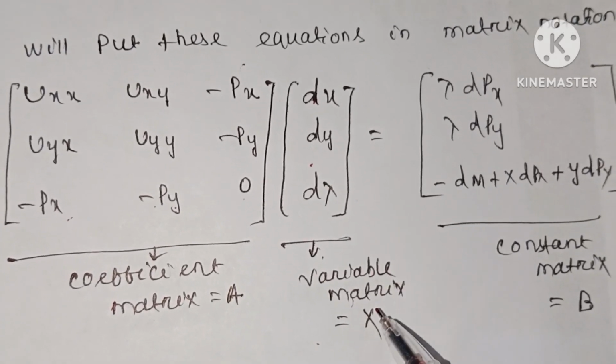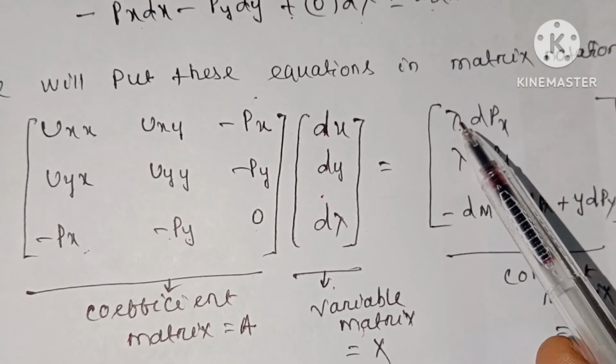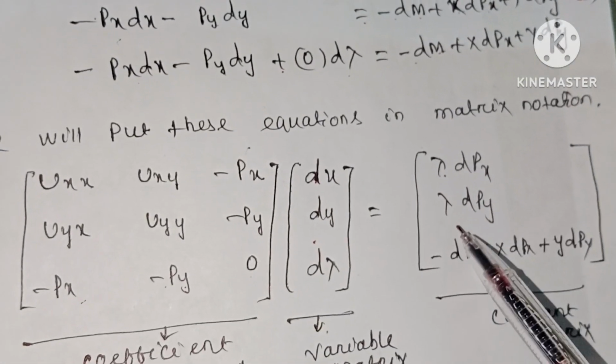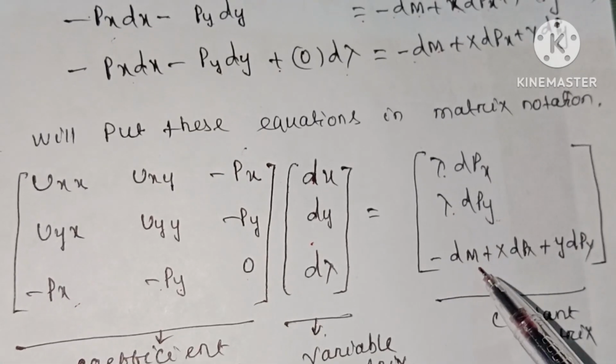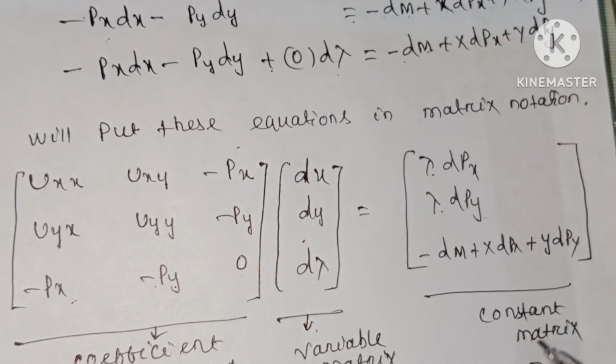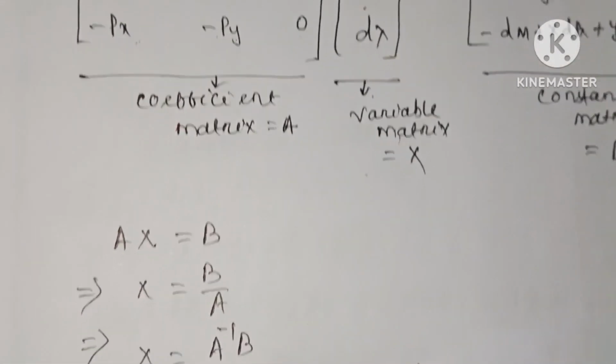This is the variable matrix, represented by X, and this is equal to the constants lambda dpx, lambda dpy, minus dm plus x dpx plus y dpy, which is the constant matrix, represented by B.